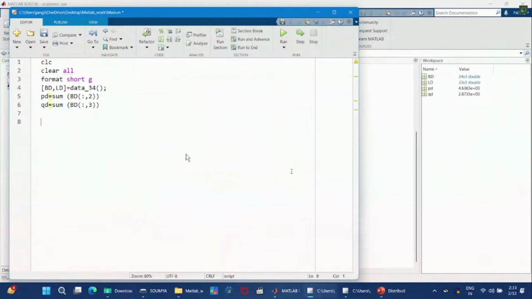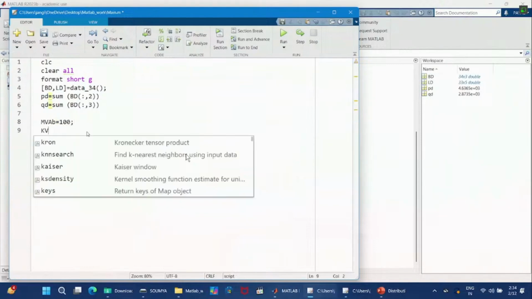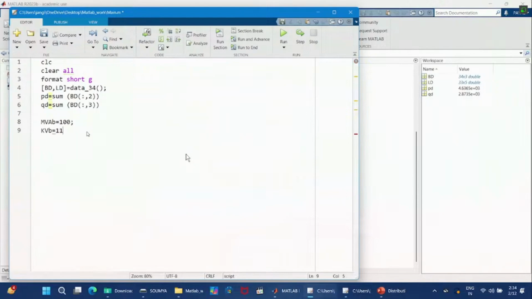Here initially we have to carry out the conversion of R and X into per unit values, because those values are given in ohms. To carry out this per unit conversion, we have to write what the base MVA and base kV are. For this system, the base MVA is 100 MVA, and the base kV is 11 kV.